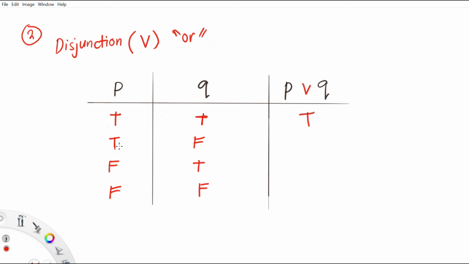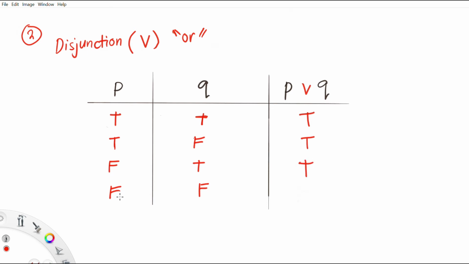For the second combination, the first proposition true or combined with the second proposition which is false, the answer is true. For false and true, the answer is true.